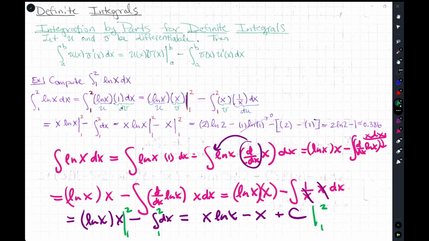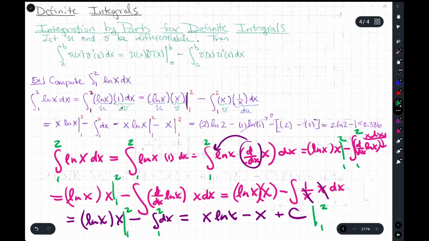So that also works for the definite integral. You can see that it's pretty straightforward to just put in the bounds.